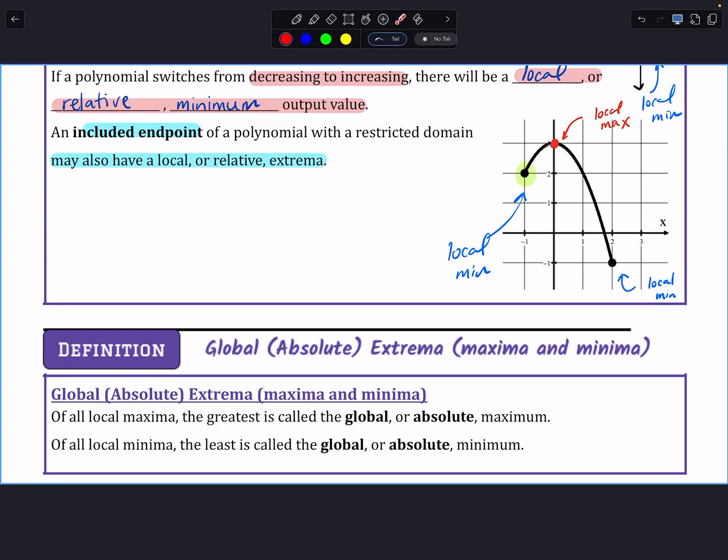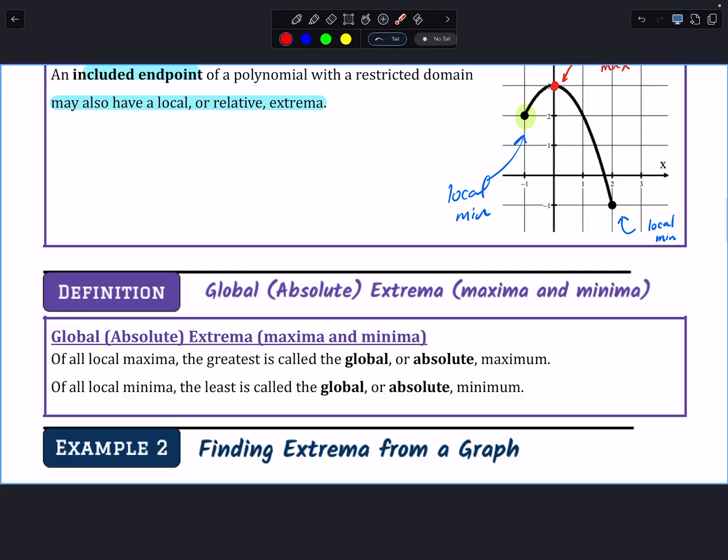The one at x equals -1 or the one at x equals 2? X equals 2. So this would be the absolute minimum. That's what that means. Of all the local maxima, the greatest is called the absolute max. And of all the local minima, the least is called the absolute minimum.